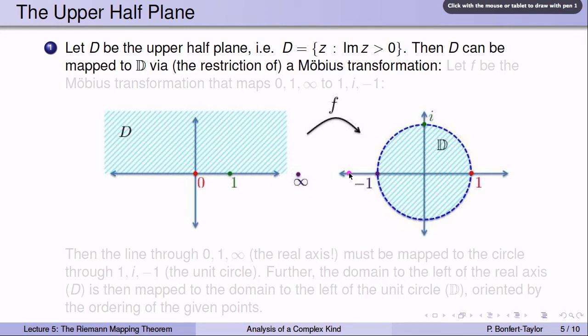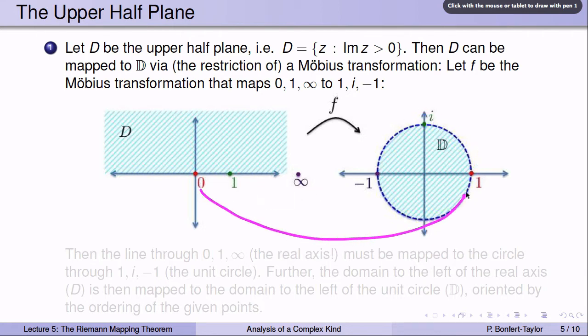In fact, the restriction of a Möbius transformation can do this trick. Suppose f is the Möbius transformation that maps 0, 1, and infinity to 1, i, and negative 1. So 0 to 1, 1 to i, and infinity to negative 1. A Möbius transformation maps circles and lines to circles and lines.